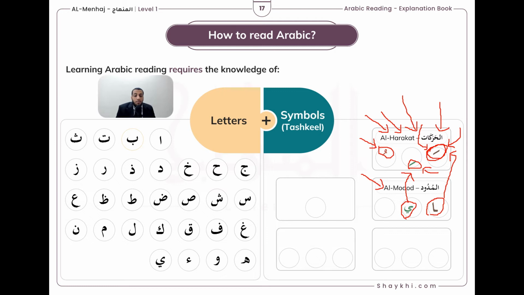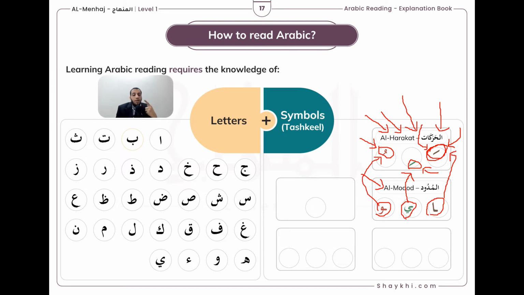The third type we have under al-mudud is al-madd bil-waw. And al-madd bil-waw, we will connect it to al-dhamma, because al-dhamma is pronounced while rounding the lips, and the same applies to al-madd bil-waw, which is pronounced by rounding the lips.